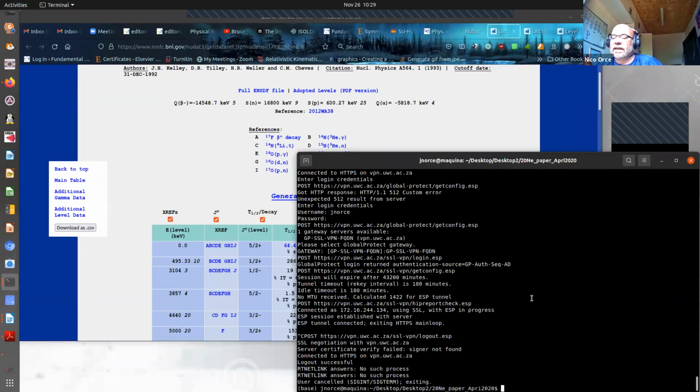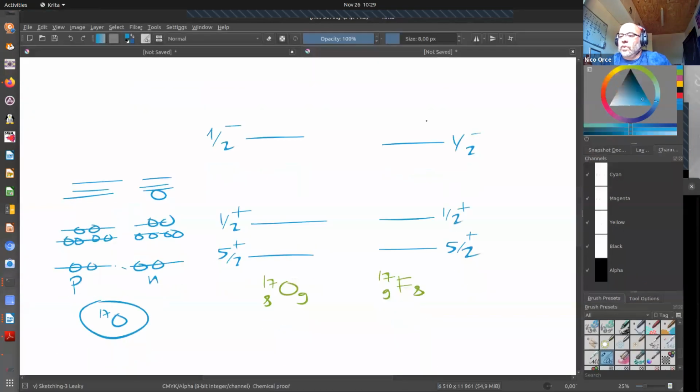These are mirror nuclei. When you exchange the number of protons and neutrons, they present very similar properties, right?